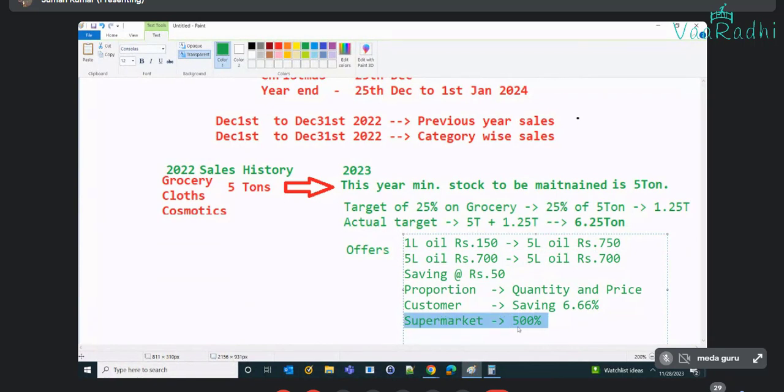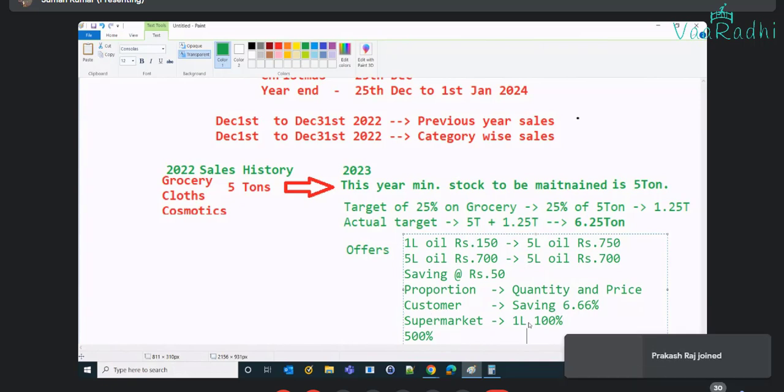How much sales increase are the supermarket guys achieving? If I say 1 liter oil is 100%, their intention of purchasing 1 liter is 100%. If I make them purchase 5 liter oil, how much percentage are we increasing their sales, guys?